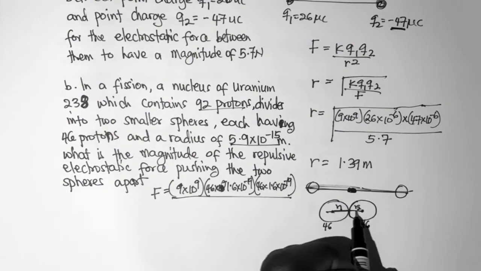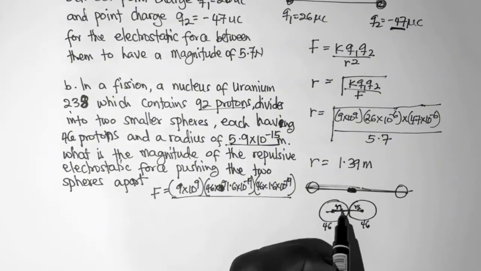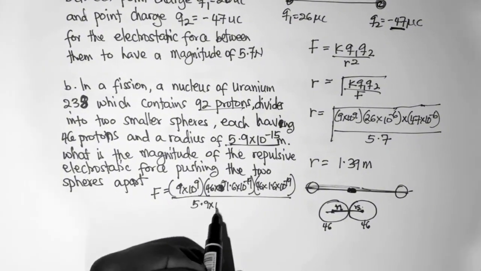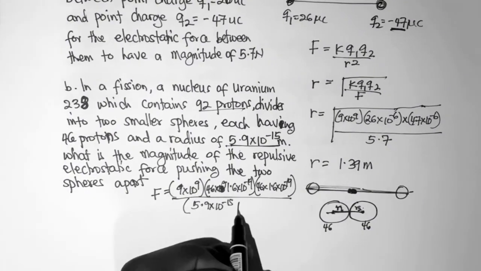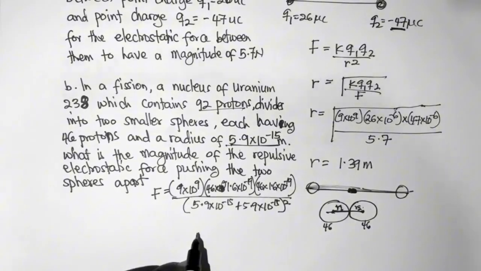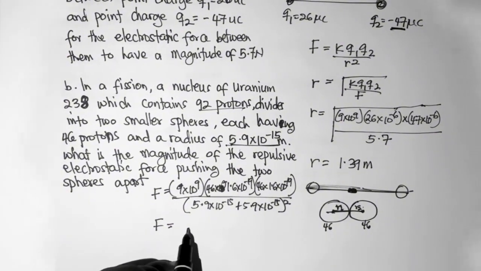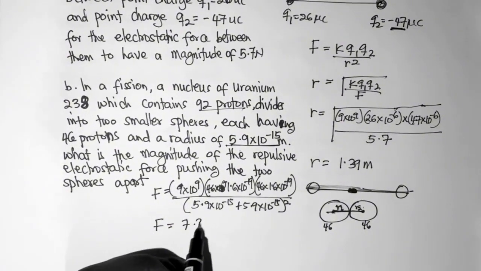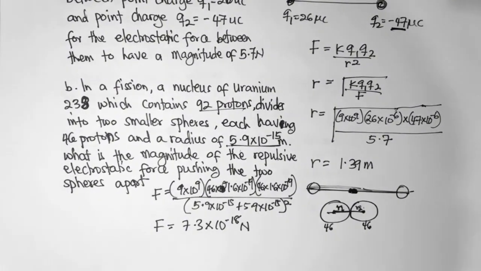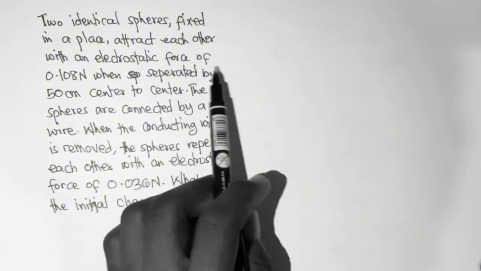Now the distance is from center to center, so it's going to be twice this radius, R1 plus R2, which gives us 5.9 times 10 exponent minus 15 plus 5.9 times 10 exponent minus 15, all squared. So if you compute all of this, F is 7.3 times 10 exponent minus 18 newtons.